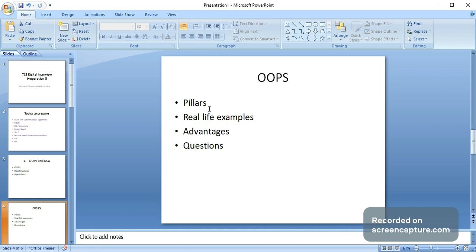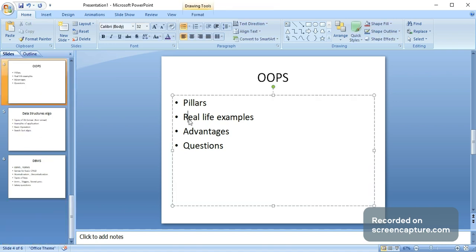This shows that you have knowledge of it, and when you explain it in technical terms, the interviewer sees that this person knows something. So the pillars of OOPs are encapsulation, abstraction, inheritance, and polymorphism.